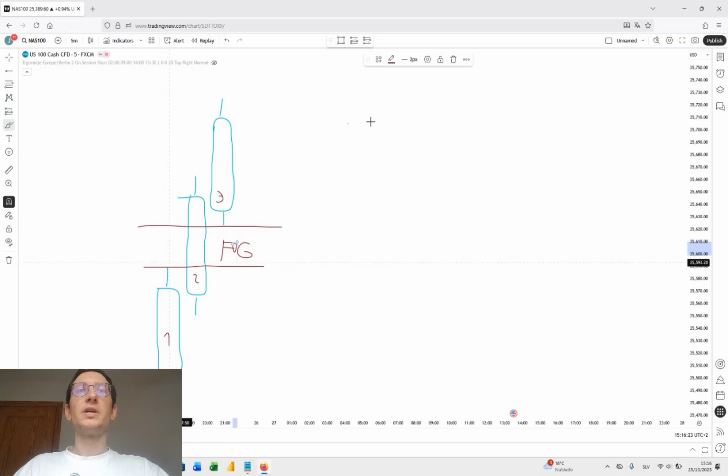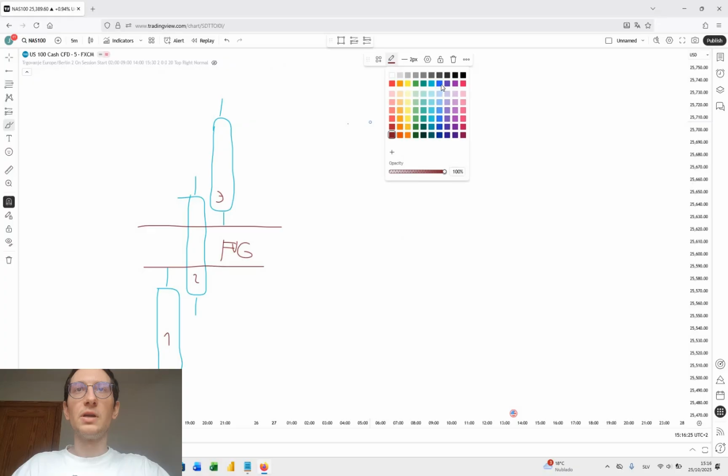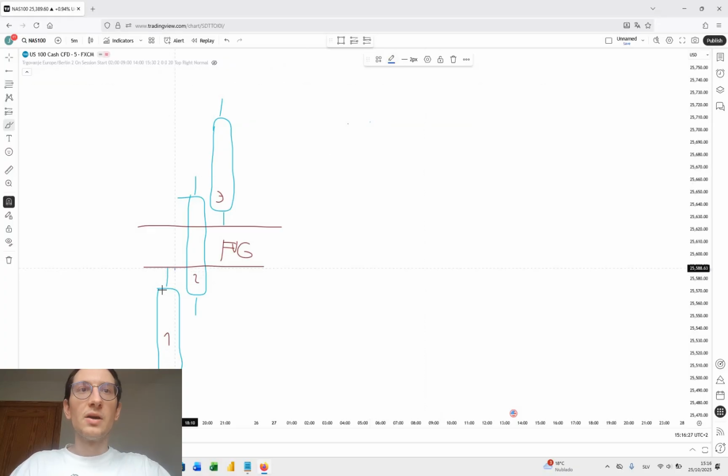FVG, okay? Because the wick here doesn't touch this one, this range in between, this red range, is a fair value gap. Why? Because the price moved up so quickly in this range that those orders couldn't get fulfilled.